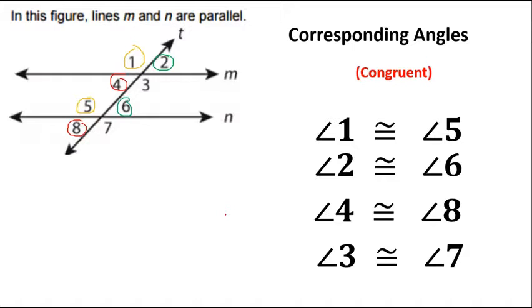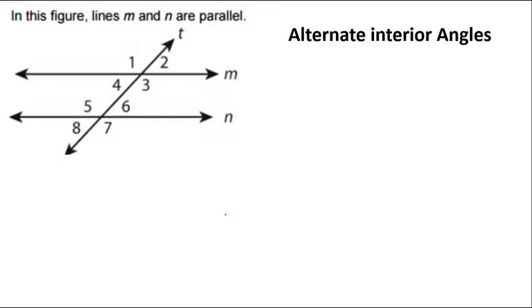And now using the same diagram, let's label our alternate interior angles. So remember, alternate means they're on opposite sides of the transversal, and interior means they're between the two lines M and N. So here, they're congruent to each other. So angle 4 and angle 6 go together.